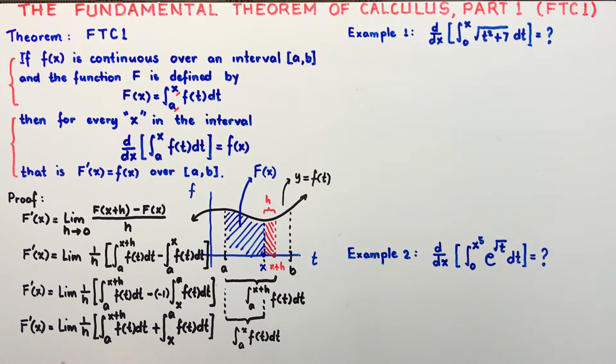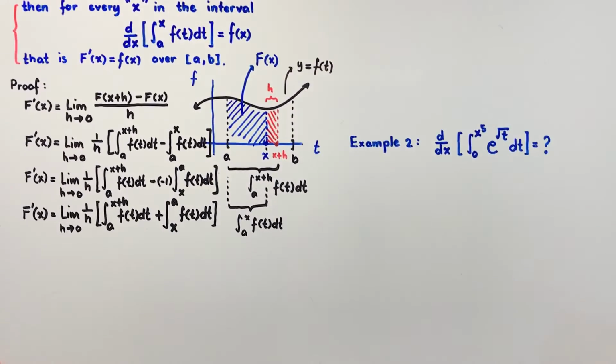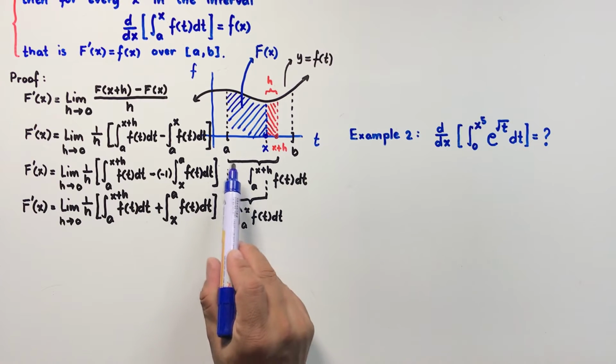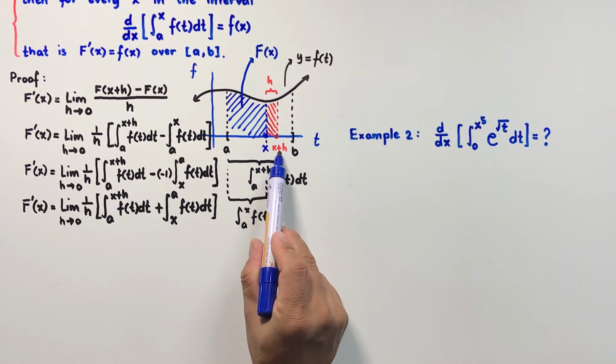Now remember that our h here is moving to 0. Now we see that this integral is the area from a to x plus h.